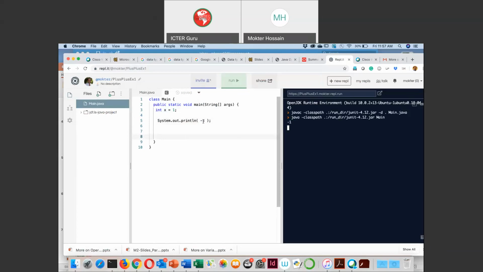Let me print negative x with some space. It should work. Okay, it is working. So the negative operator works with space. But if I want to print like this, anybody has an idea what will be printed here?